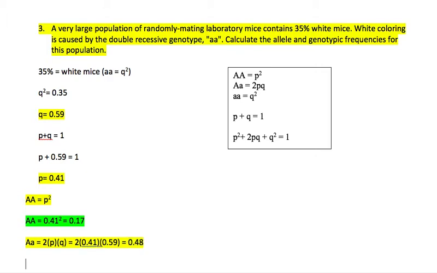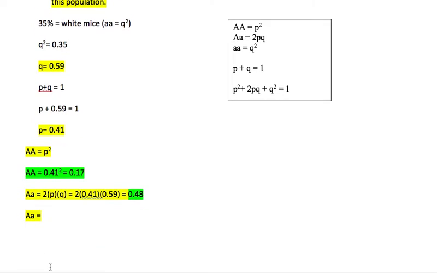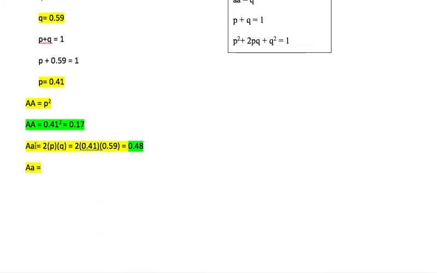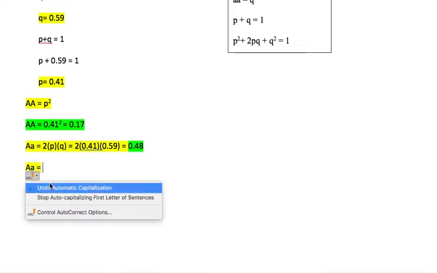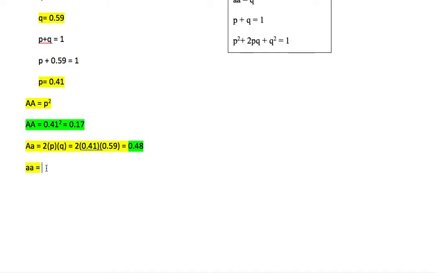Finally, let's find our homozygous recessive. All right, homozygous recessive is simply going to be q squared. All right, q is 0.59.